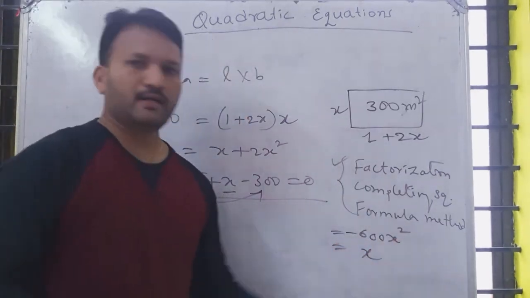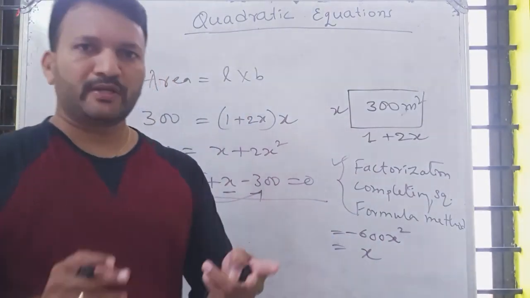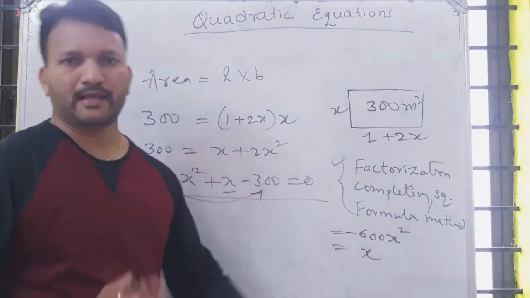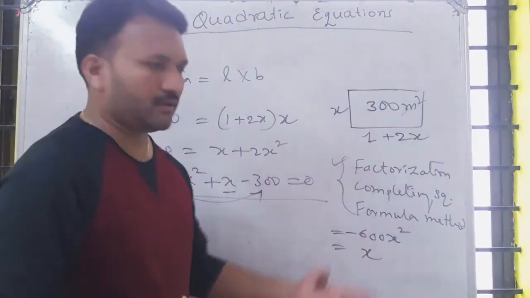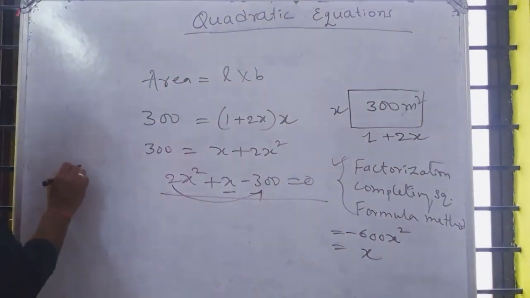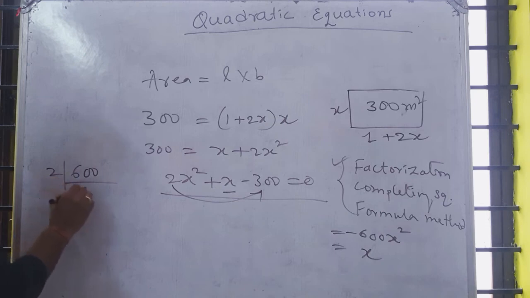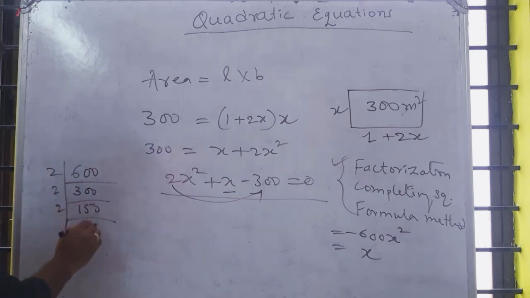Now we should get minus 600 x square after multiplication, and after subtraction or addition we should get x. It is a very big number, so let us go by LCM: 2 2s, 2 3s, 3 2s, and 5 5s.